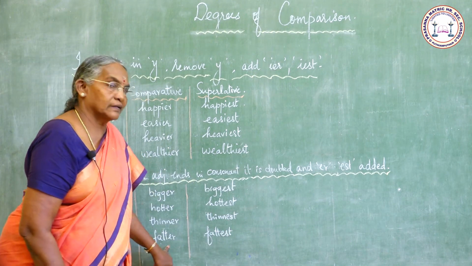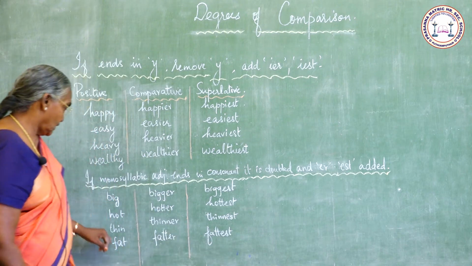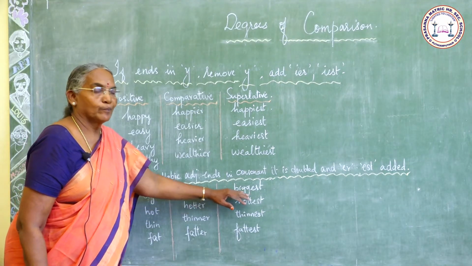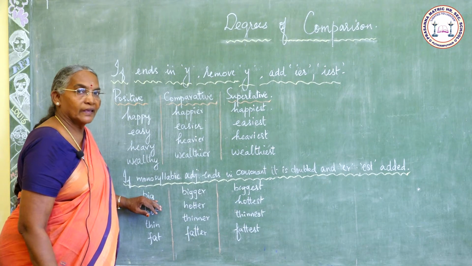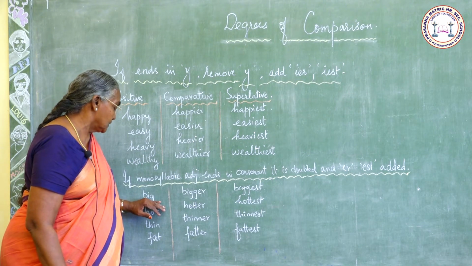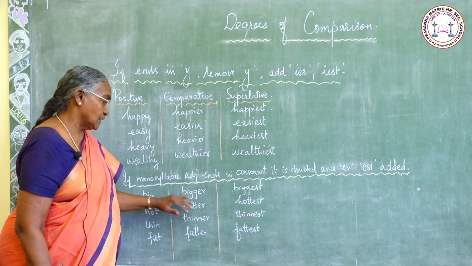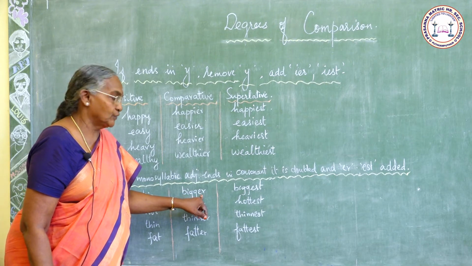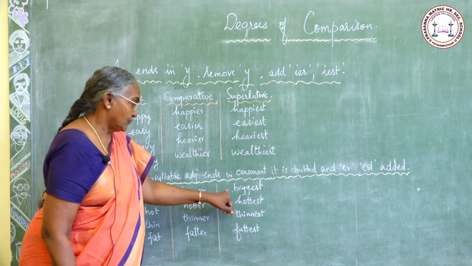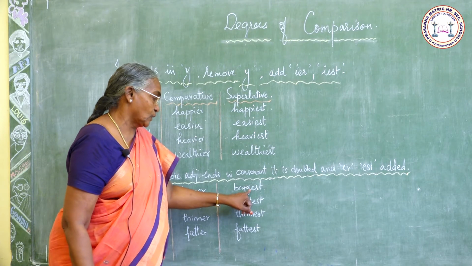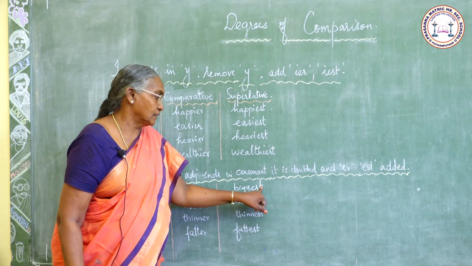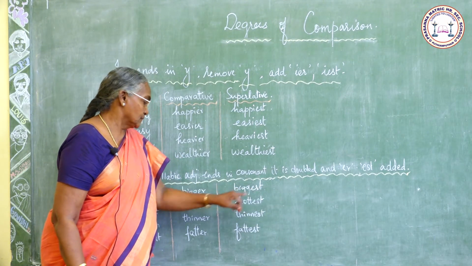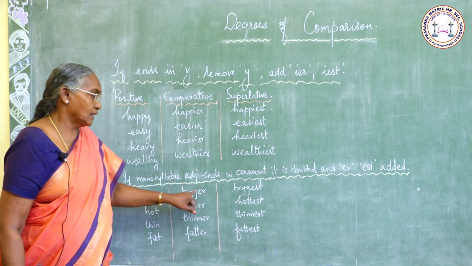Fat, fatter, fattest. Here big, bigger, biggest. Big ends in consonant G. This consonant G is doubled and ER is added for comparative, and for superlative, we double the consonant and EST is added.